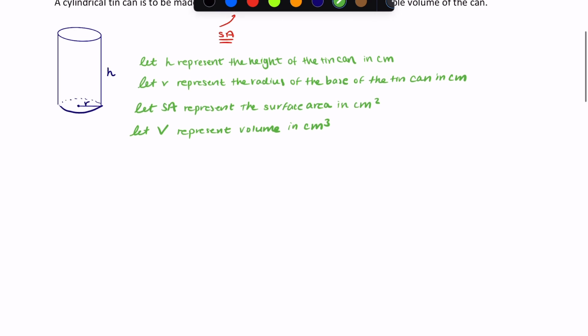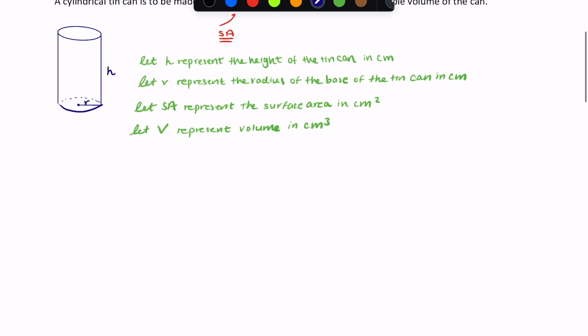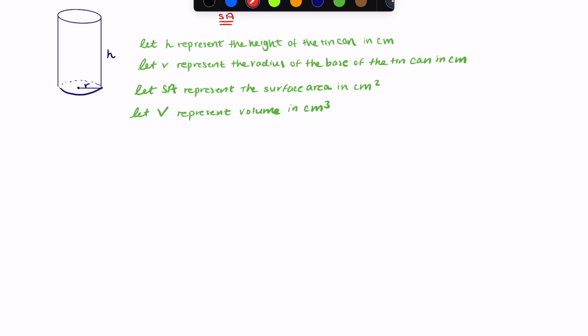Okay, so a couple of equations we want to start off with. The surface area equation for the cylinder is 2 pi r squared plus 2 pi r h. I'm just going to box this so we have this formula with us.